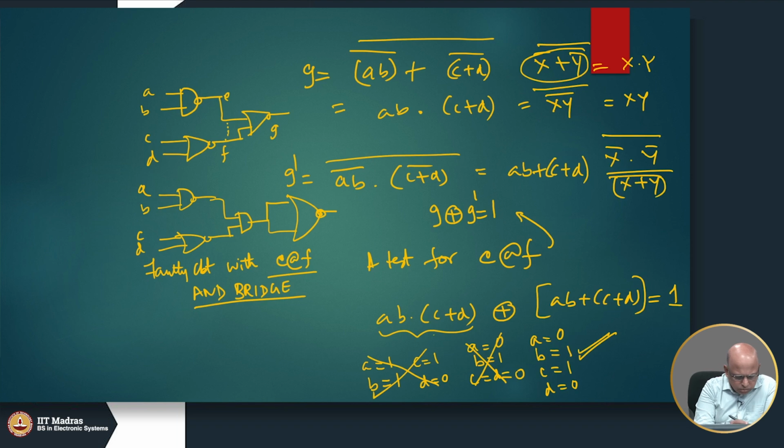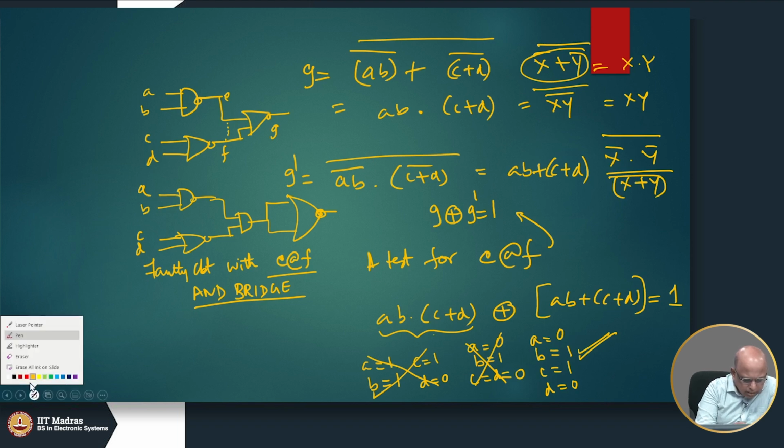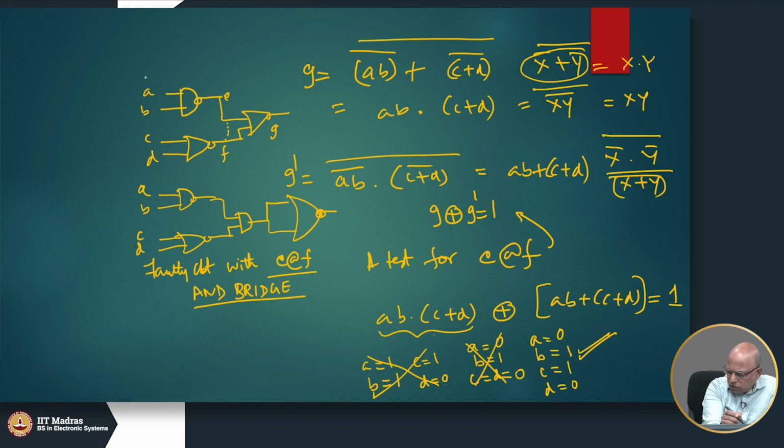Okay, you can verify. Let me do it in a different color here. I have applied 0 1 1 0. A good circuit will produce a 1 here and a 0 here, and as a result this will produce a 0 here.